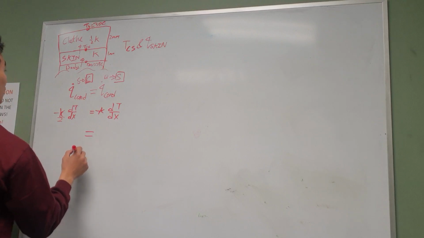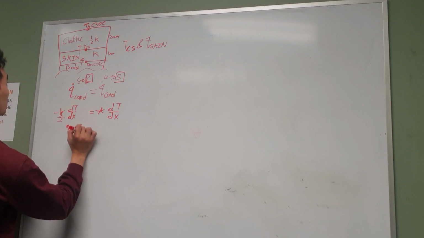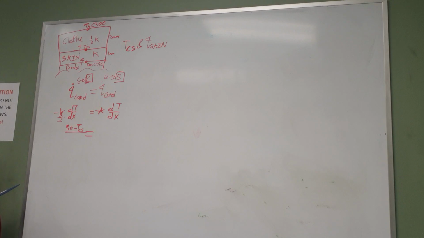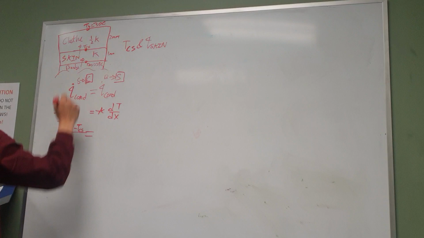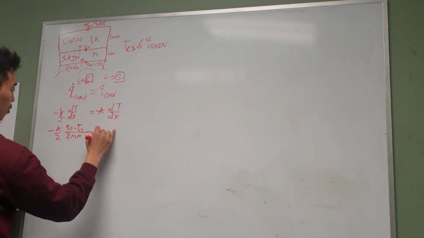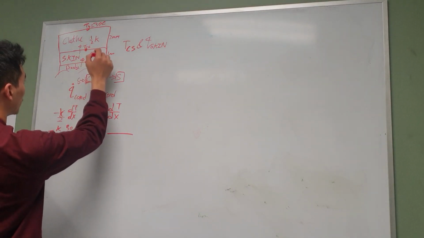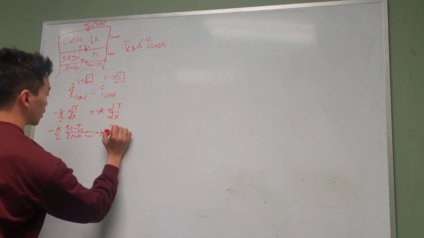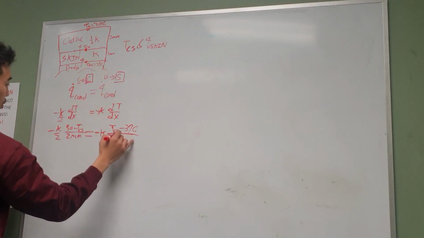And dT here is 30 minus TCS, the temperature at the interface, over dx. We're doing clothing here, so it's 2 millimeters. On the right side, we have dT, the temperature difference across the skin, TCS minus 37 Celsius, and the thickness is 1 millimeter.